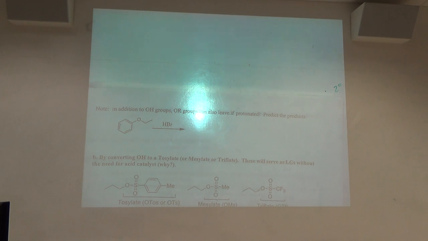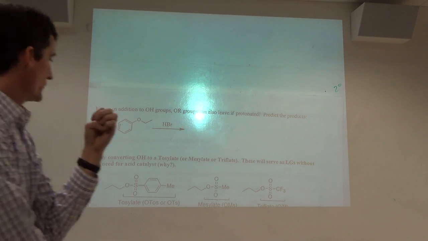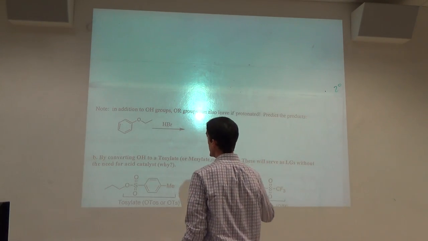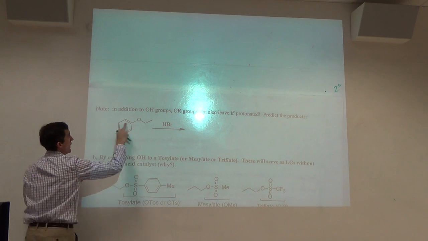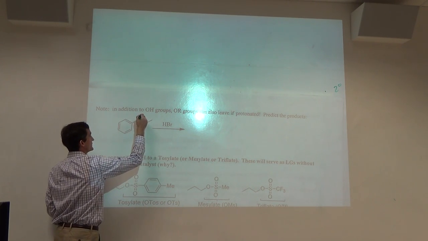Let's see, I've got this ether with HBr. First off, in organic 1, we don't do any chemistry with aromatic rings. There is pi bonds there, but we never react them with H plus in organic 1. They're not typical alkenes. So forget about benzene ring in organic 1. All we really have here is this oxygen.